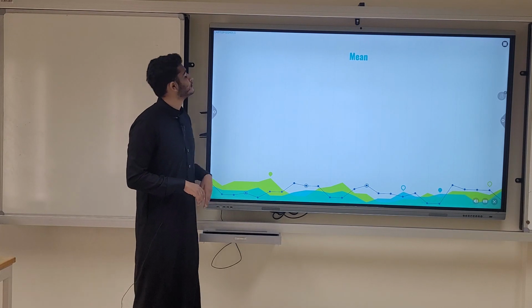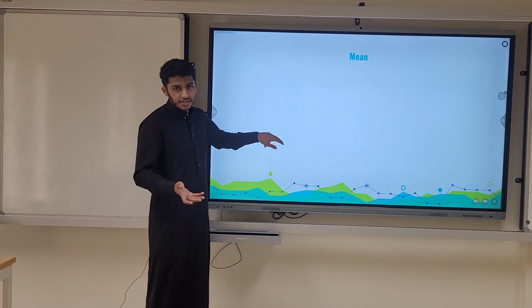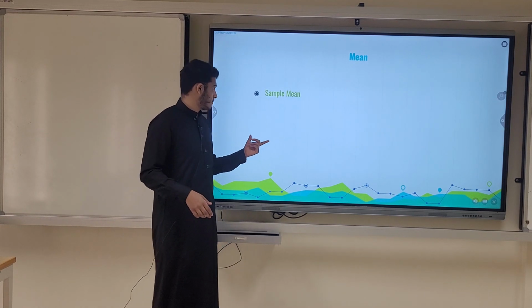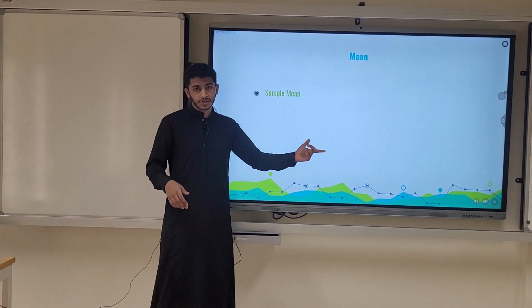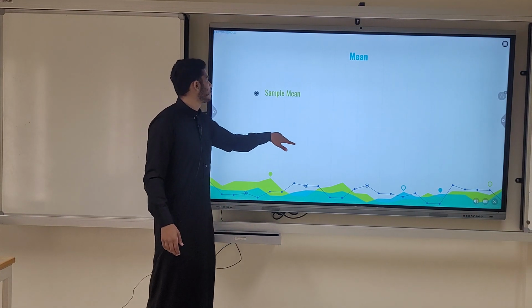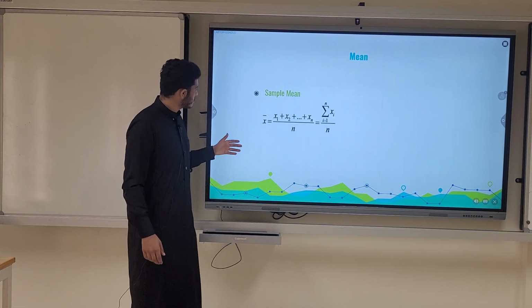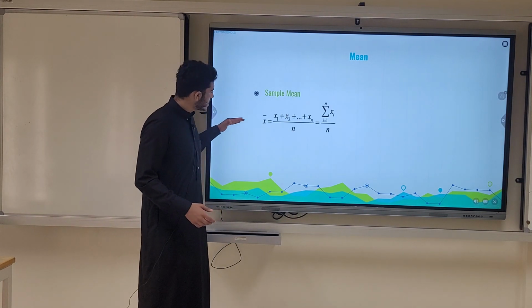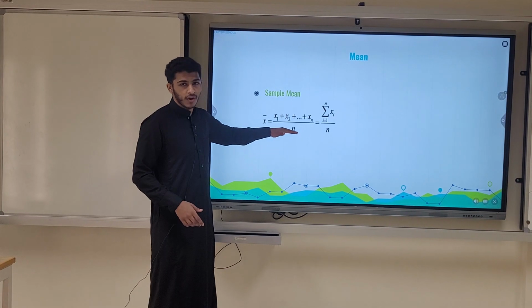Well, let's talk about the mean. The mean, as I have mentioned, is the average. As we have seen, we have a sample and a population, so we're also going to have a sample mean and a population mean. Let's talk about the sample mean first. The sample mean has the same formula that we know for the average, which is the sum of all values divided by the number of values.